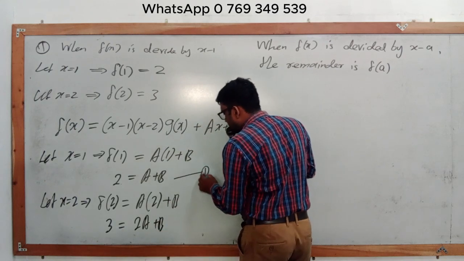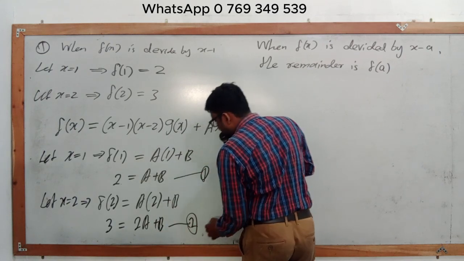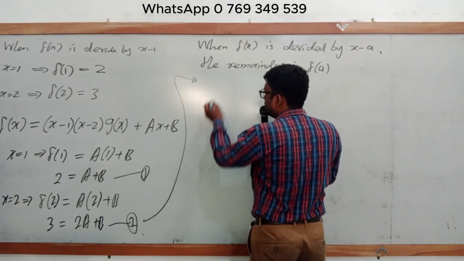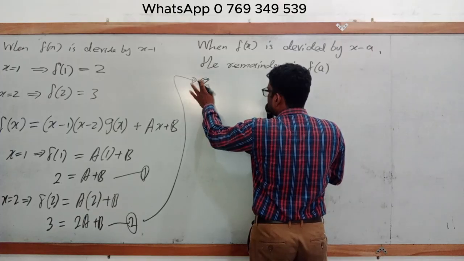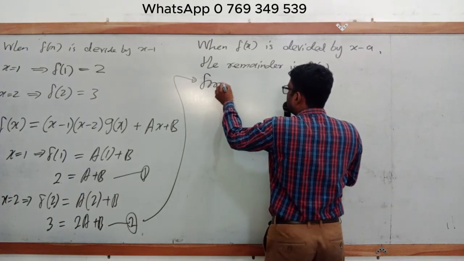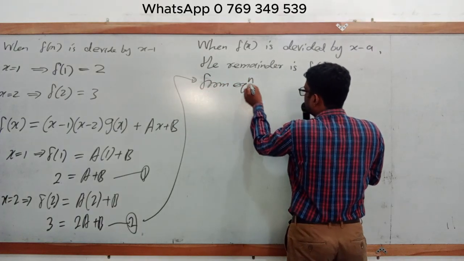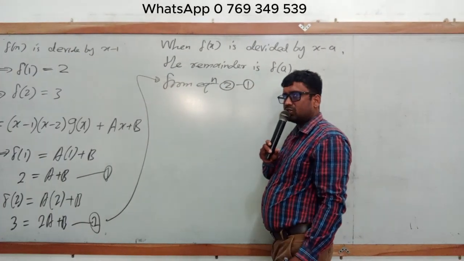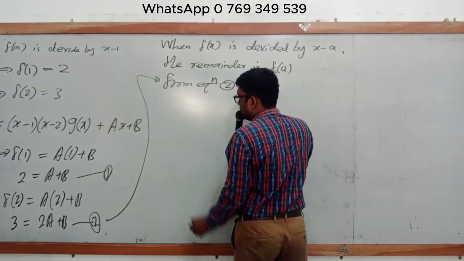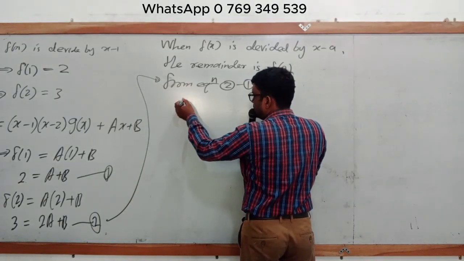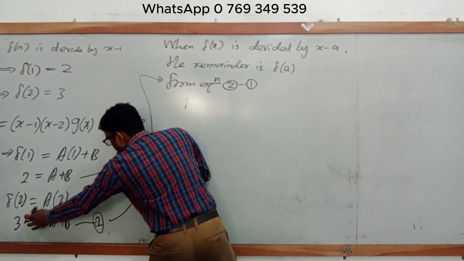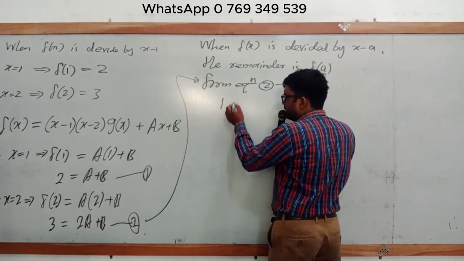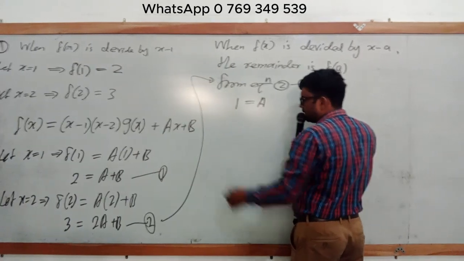We can take the two equations like this. Now subtract equation 1 from equation 2. 3 minus 2 is 1. 2a minus a is a, and b is cancelled.